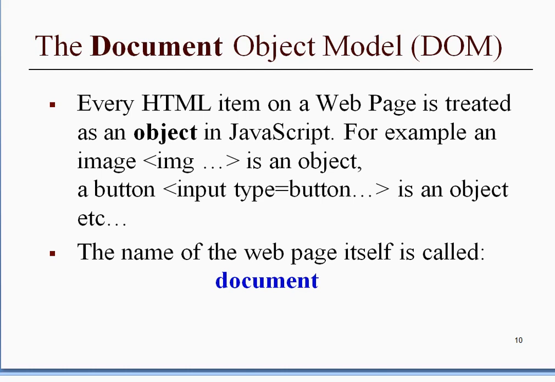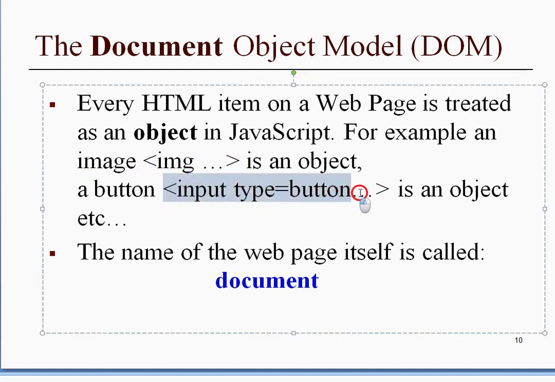The whole code that generates a particular document is collectively referred to as an object. Every HTML item on a web page is treated as an object in JavaScript. For example, an image tag, such as this one over here, is an object. A button like this is an object, and so on.